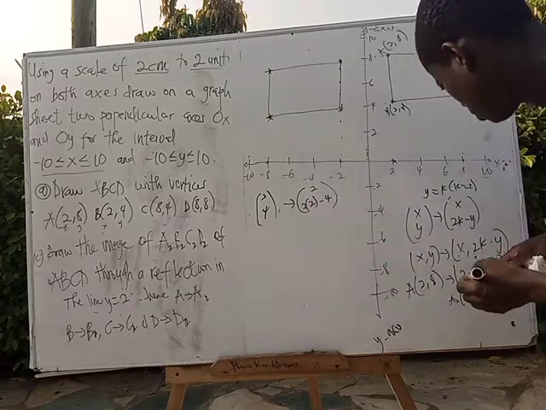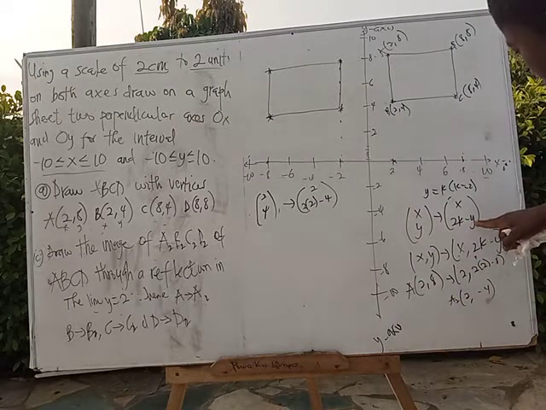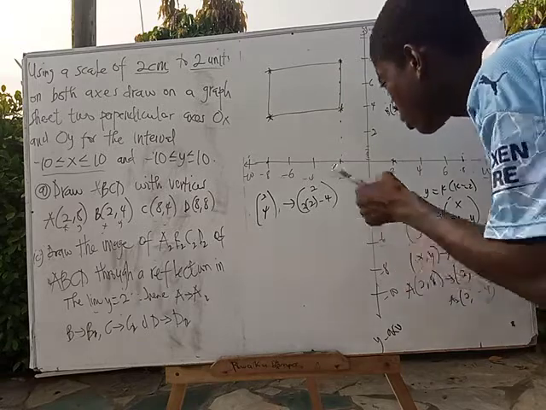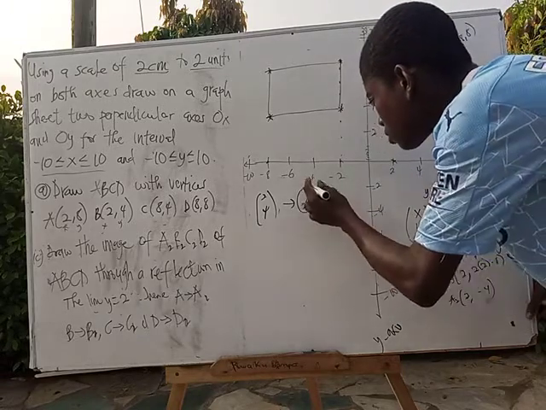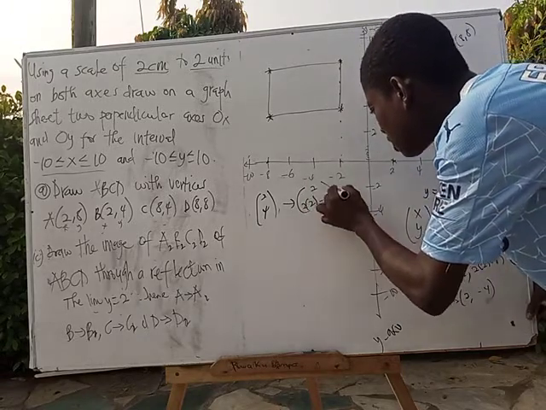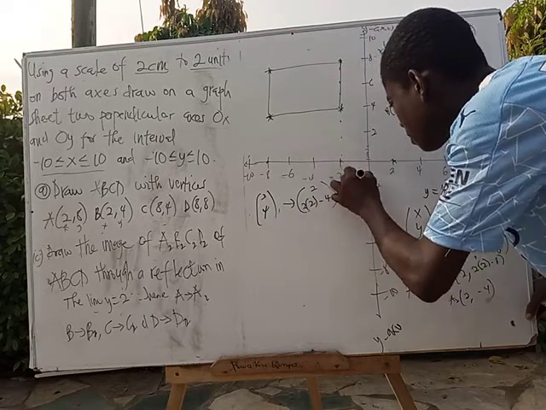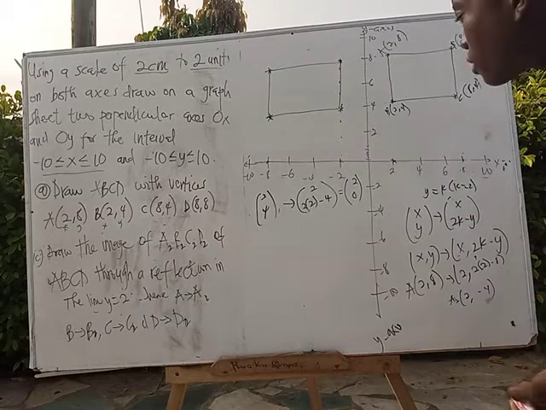So 2 times 2 is 4, and 4 minus 4 is 0. So B2 is (2, 0).